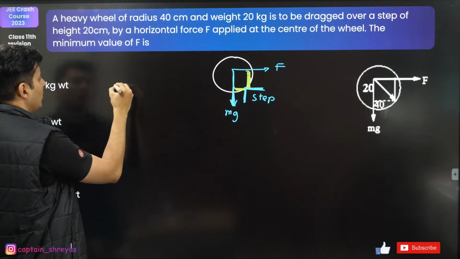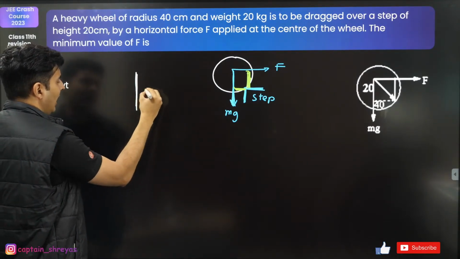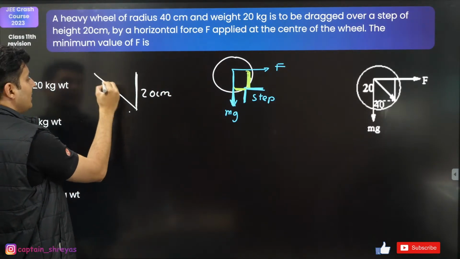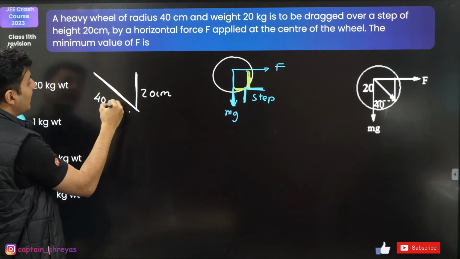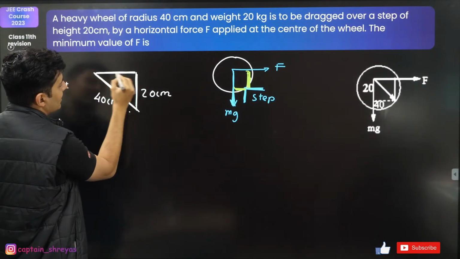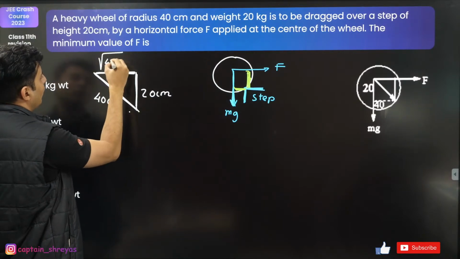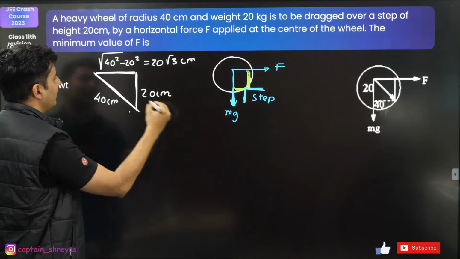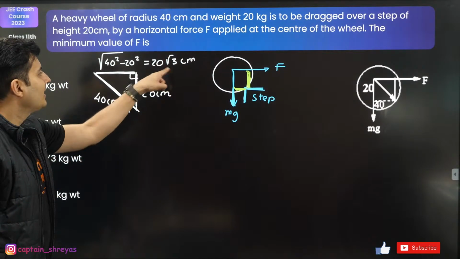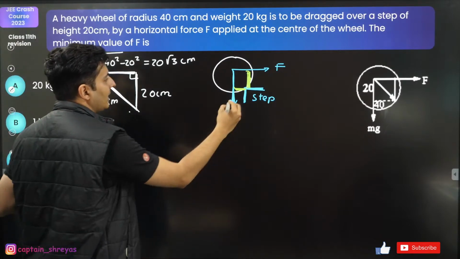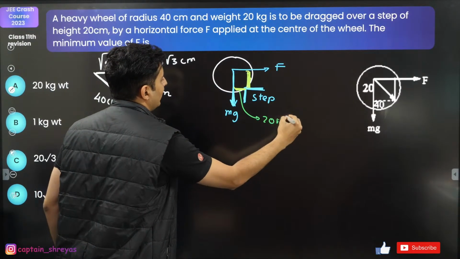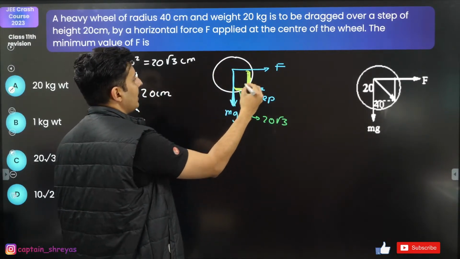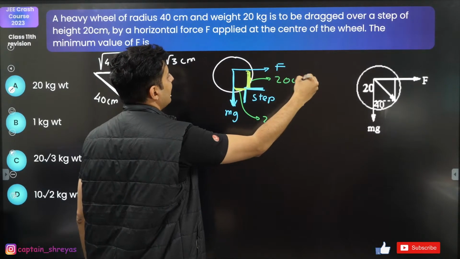So you can think this height is 20 centimeters and the radius is 40 centimeters, and this base is root of 40 square minus 20 square, which is 20 root 3 centimeters. That's the base which comes over here, and this height is 20 centimeters.